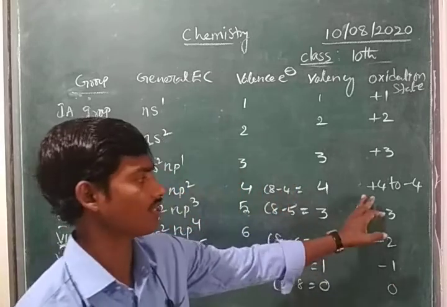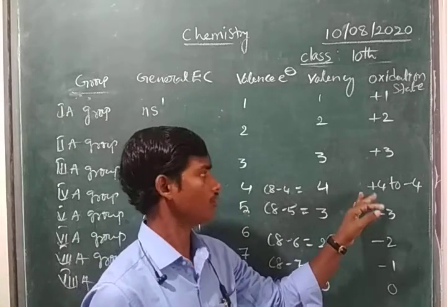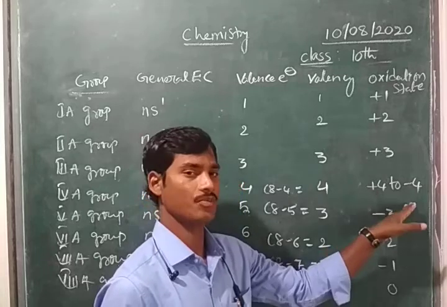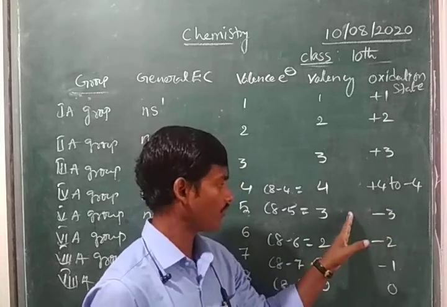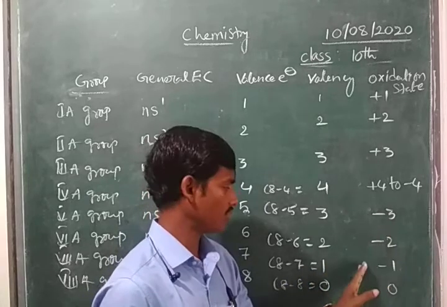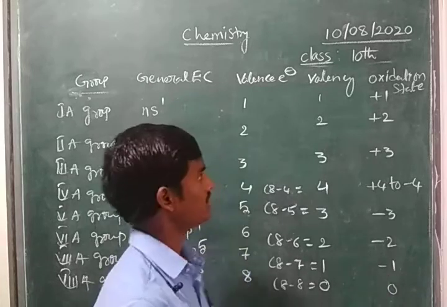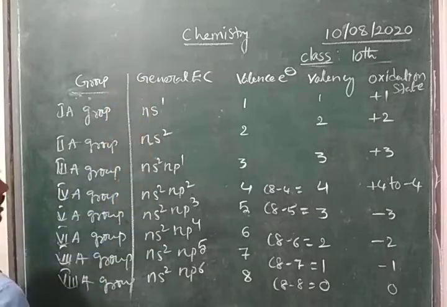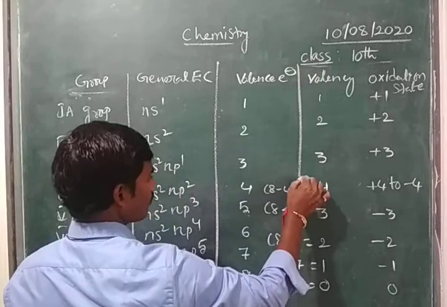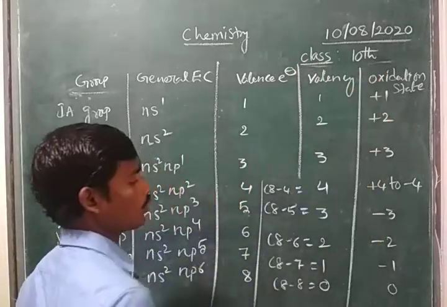So from here onwards, number of valence electrons minus 8, that means group number minus 8. That means 4 minus 8 means minus 4. Here 5 minus 8, minus 3. 6 minus 8, minus 2. 7 minus 8, minus 1. 8 minus 8 is 0. So this is about the general electronic configuration, number of valency electrons, its valency and oxidation states.